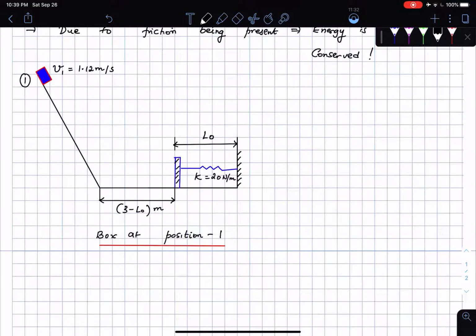Which means that, if I go back to my figure here, the velocity at position 3 is going to be 0 meters per second. This is still the same spring, the same stiffness. The stiffness does not change. It's a material property. It is just that the length of the spring is now different, and x max is the amount by which this spring has deflected.